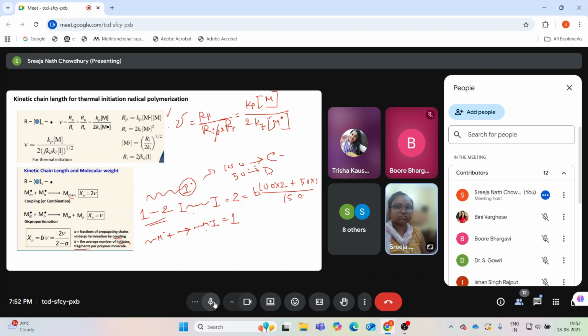Someone is asking, Vinny Vagreshri says, ma'am, please share your mail ID. I have already shared it with you. Is it showing to all of you in the chat box, or else I will write it again? Just confirm, is it showing or not? I'm writing. We can see the text in the chat box, ma'am. Everyone can see. Sorry, ma'am, I can't see your mail ID.